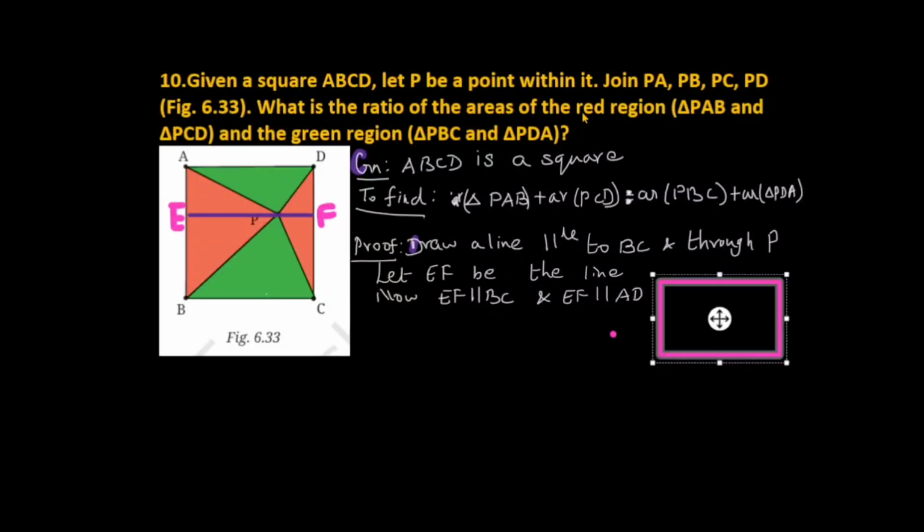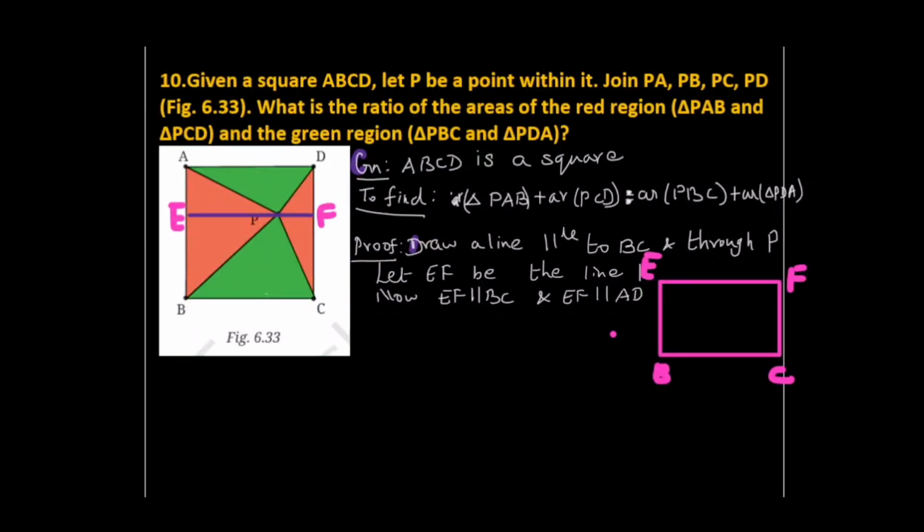So consider this rectangle, B, C, F, E. Now BCFE is a rectangle. Opposite sides are parallel.